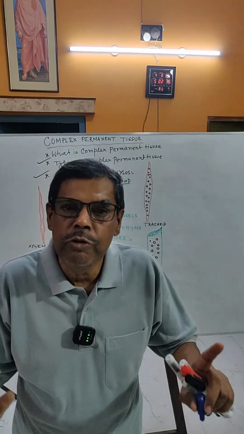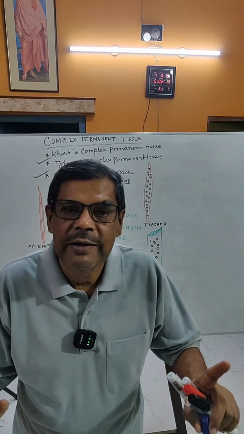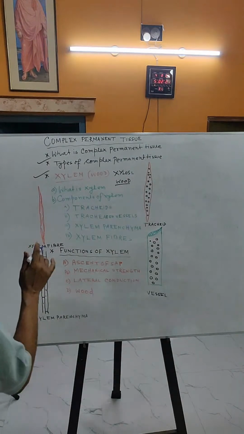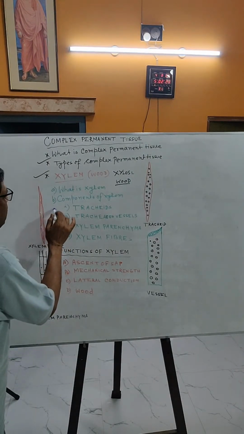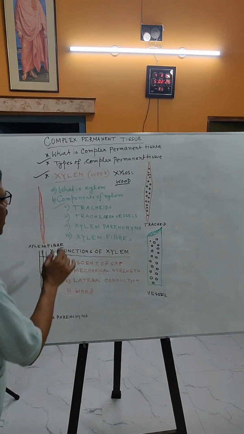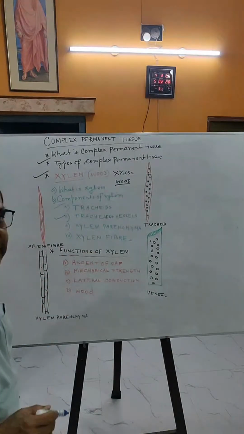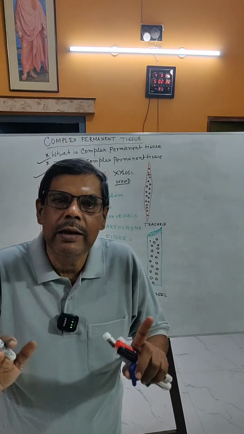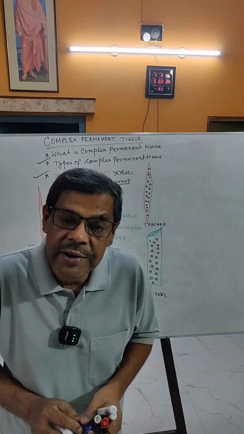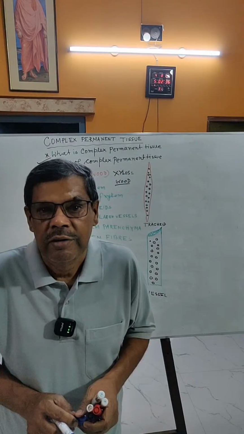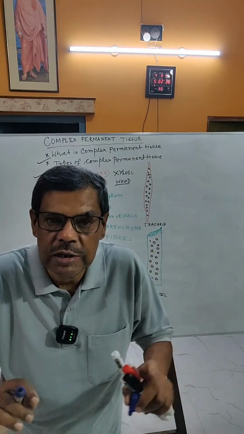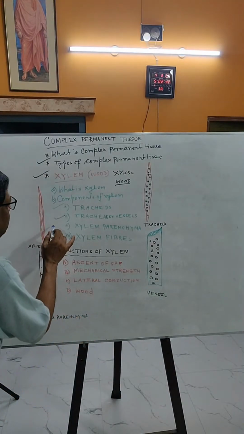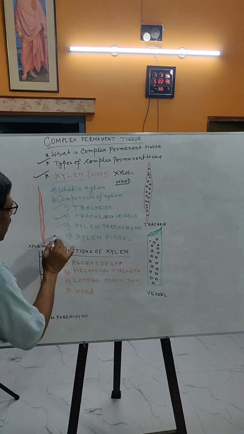Xylem is composed of 4 types of different cells: tracheids, vessels, these two are combinedly called tracheary elements. They perform the main function of conduction. Next, xylem parenchyma and xylem fibers.